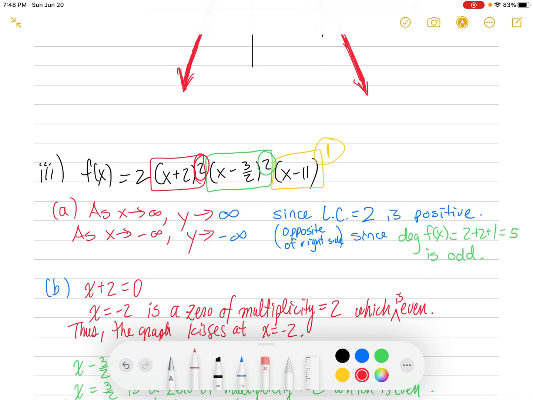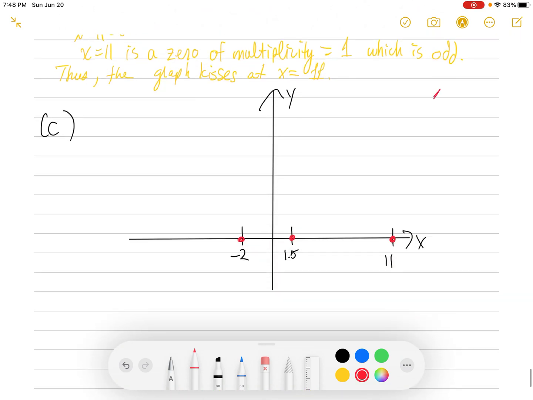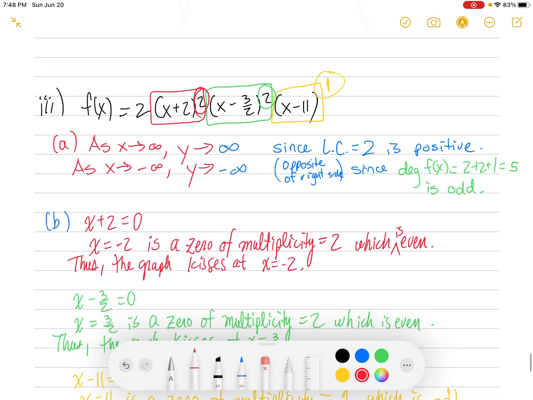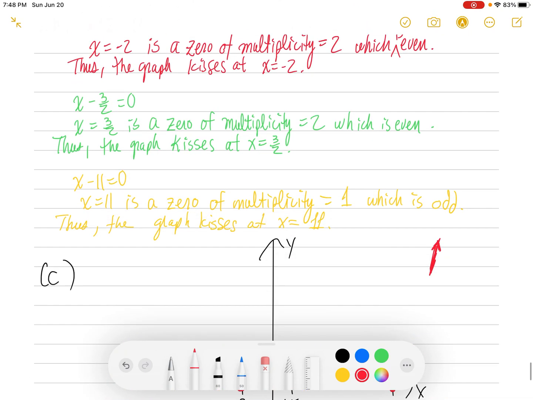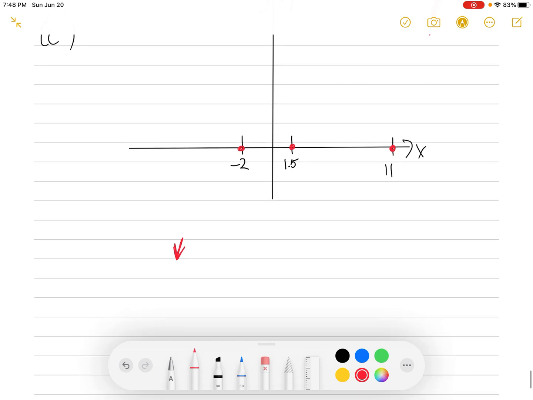Now, I'm going to do the right-hand behavior. As x goes to infinity, y goes to infinity. So on the right side, we're going to be going up. On the left side, as x goes to -infinity, y goes to -infinity, so we're going down.